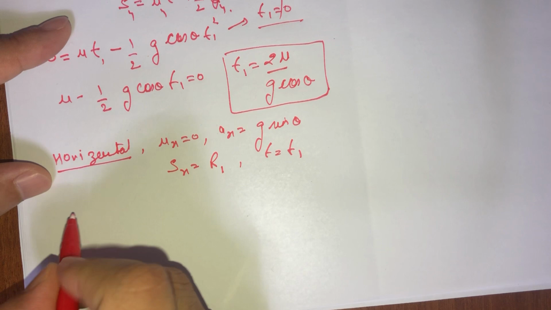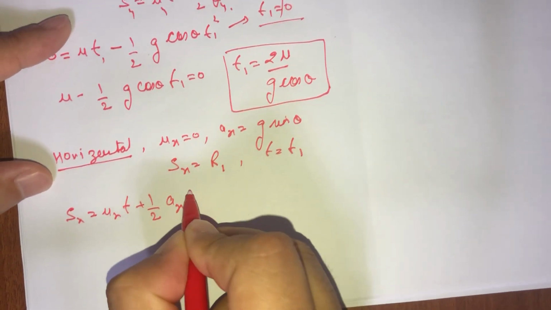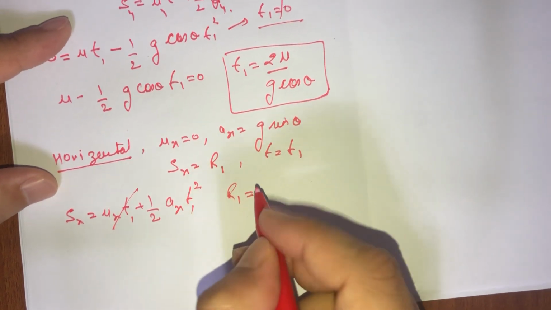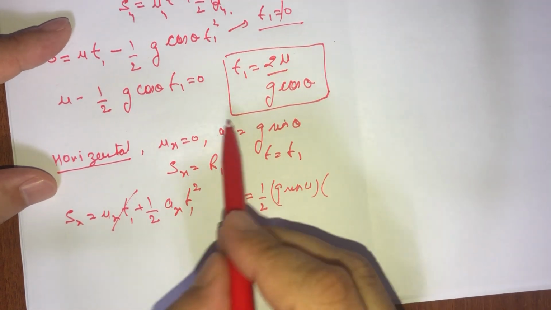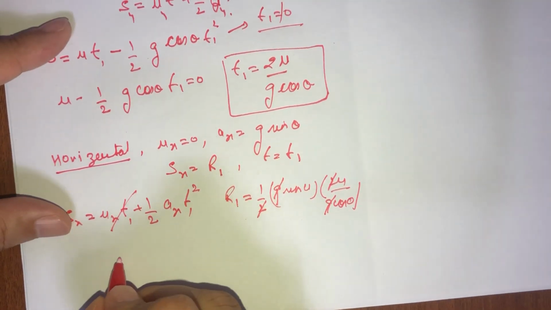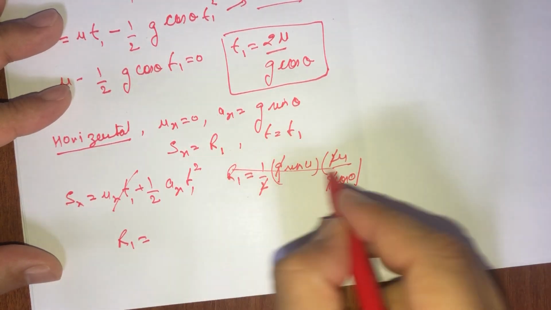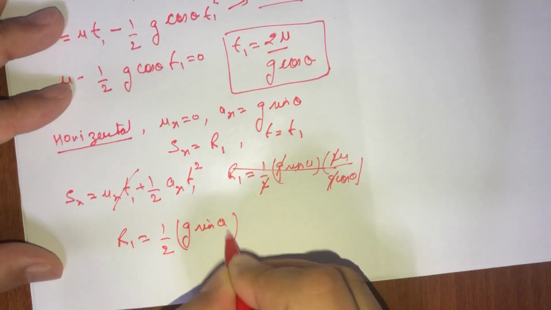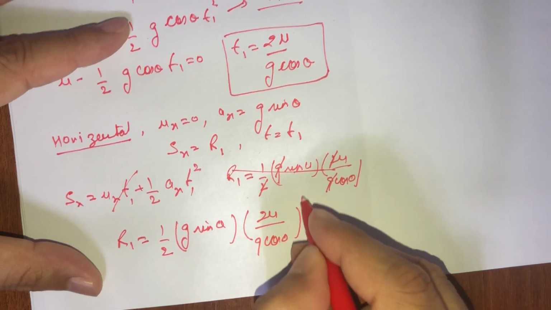Again we use the same formula: s of x is equal to u x t plus half a x t square, so with t1 it is t1 square. u of x is 0, so we get r1 is equal to half g sin theta multiplied by t1 squared, where t1 is 2u over g cos theta. So r1 is 1 by 2 g sin theta multiplied by 2u over g cos theta, whole square.